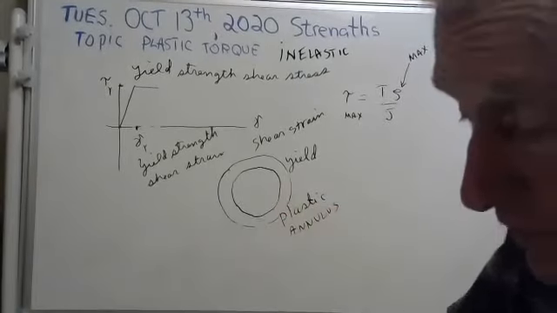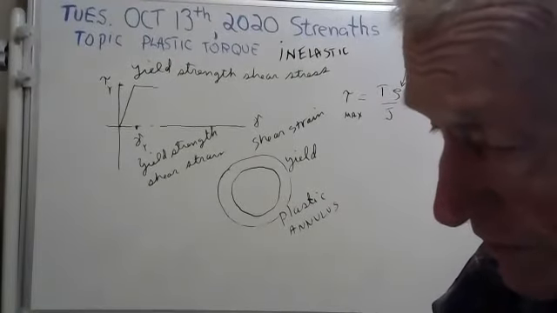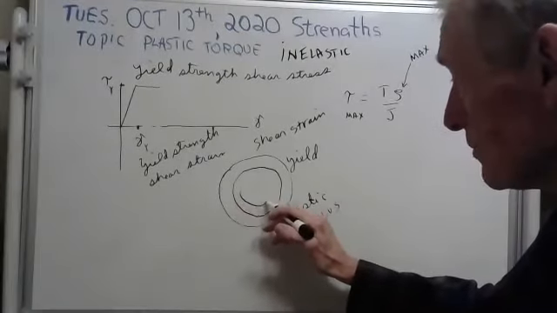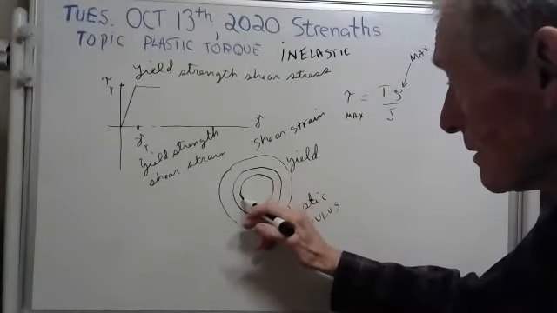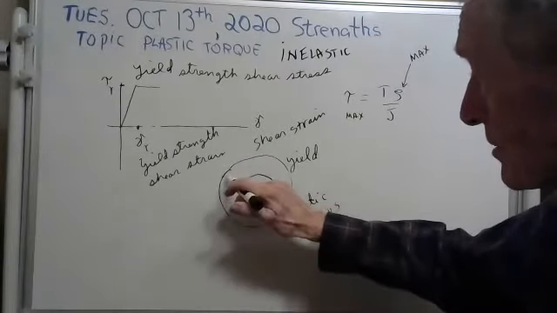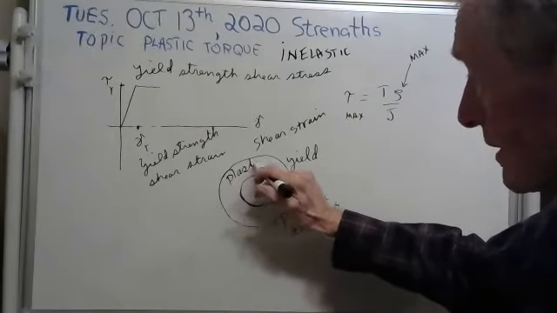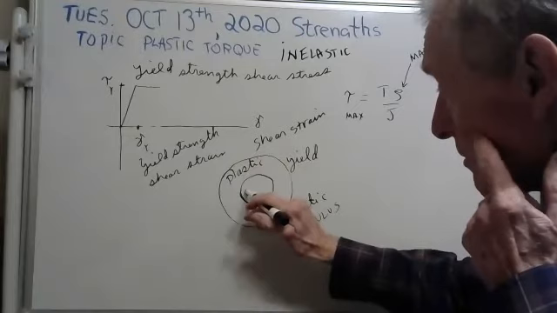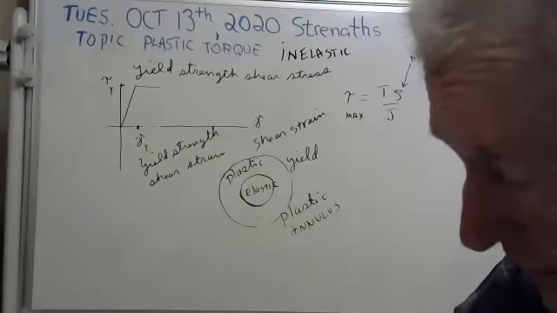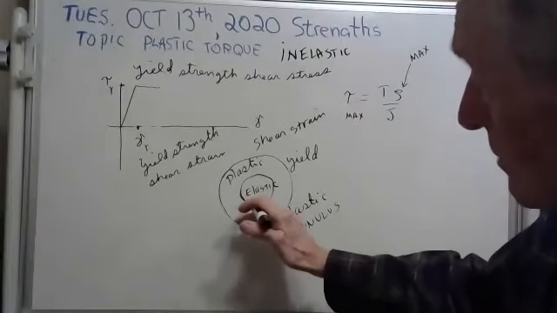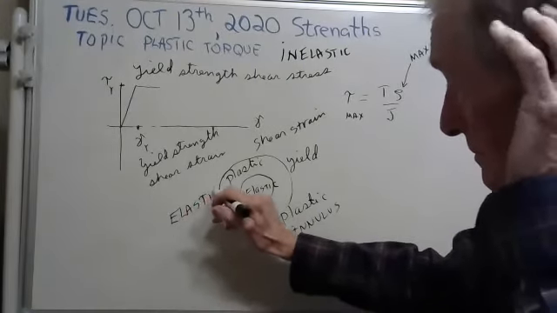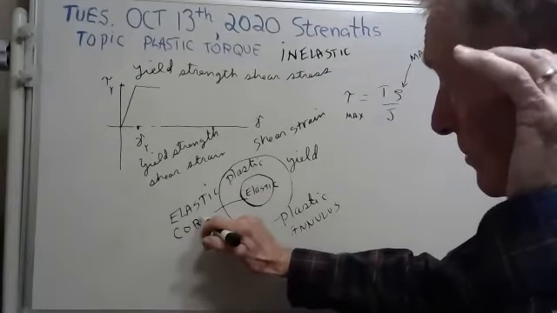And if you increase the torque even more, the plastic annulus grows even more. You understand it's plastic here. It's still elastic there in the center. And they have a name for that. They call that the elastic core.